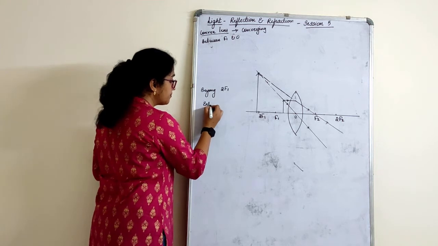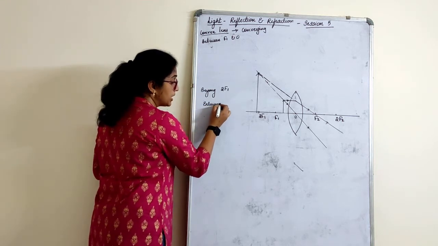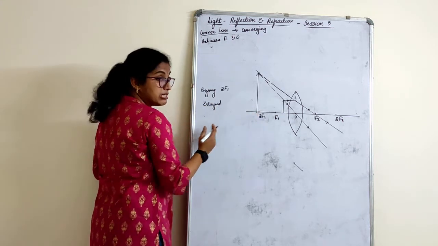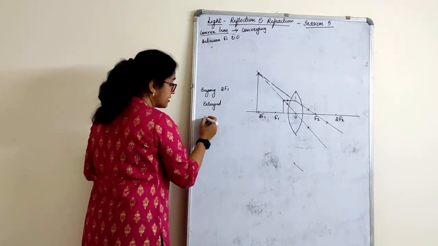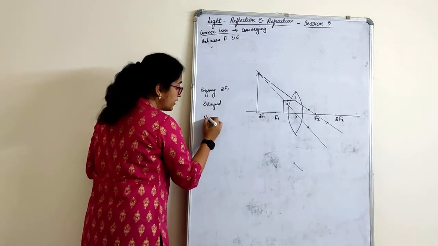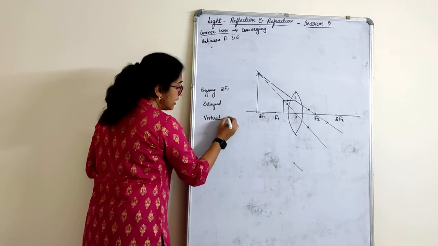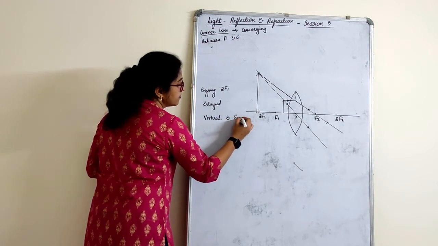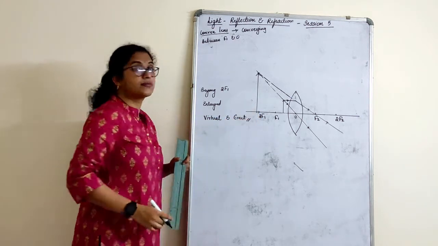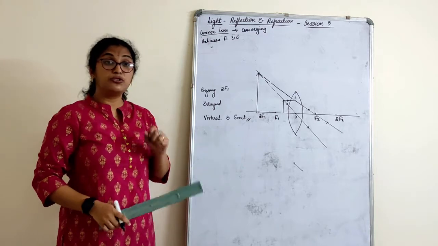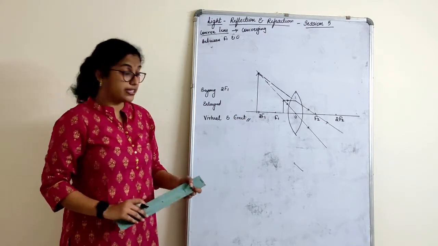Enlarged. What type of image is it? When it is formed on the same side where the object is kept, it is virtual and erect. Right? So with this we complete ray diagrams for convex lens.